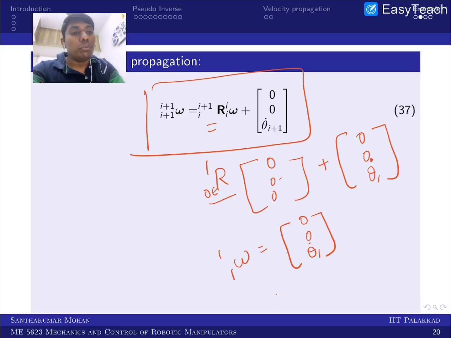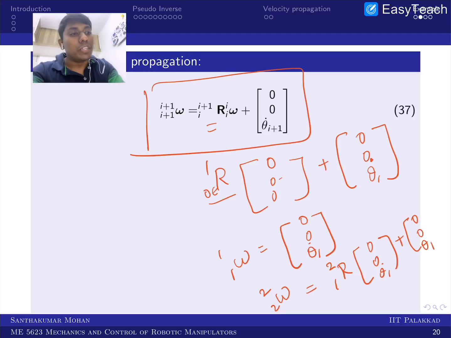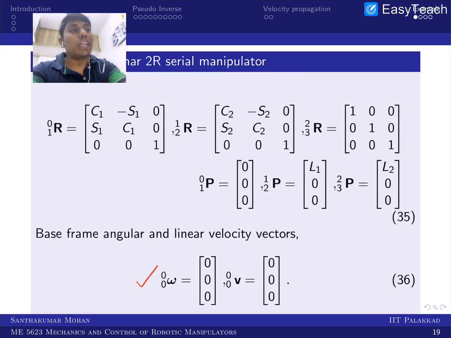So then when you go to omega 2 with respect to 2, that is R 2 to 1, and you have omega 1, 1, that is 0, 0, theta 1 dot, and you can see this is 0, 0, theta 2 dot, right? And you know the rotation matrix here.